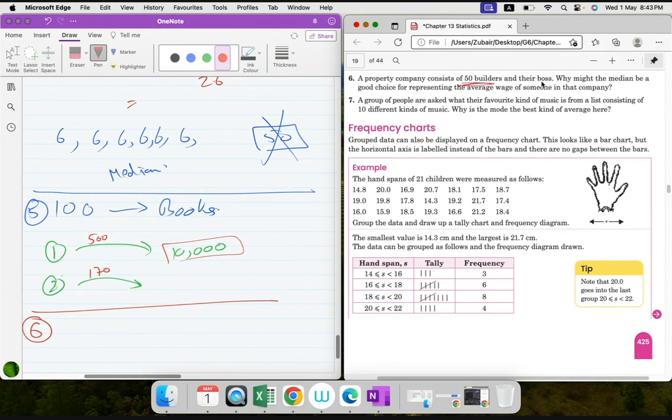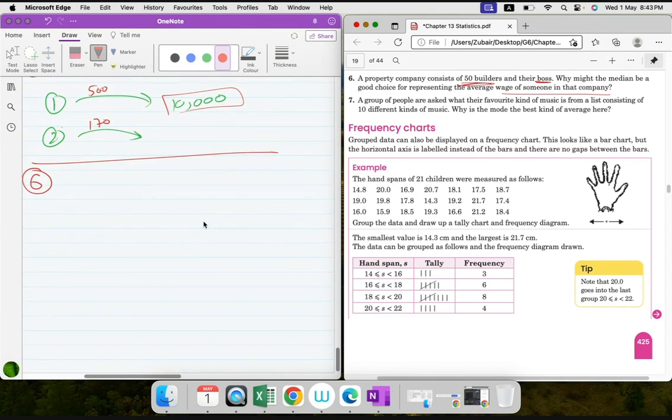So there are 50 builders and one boss. Why might the median be a good choice for representing the average wage of someone in that company? Let me show you again through an example.